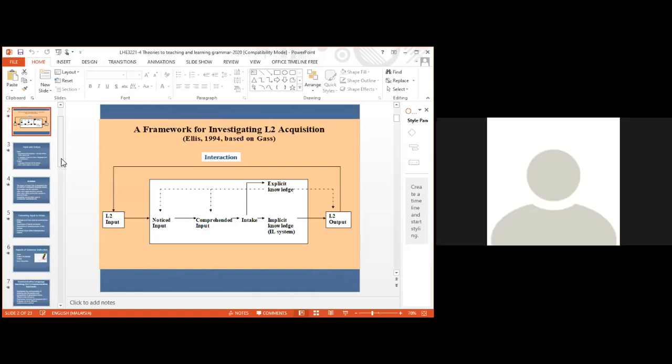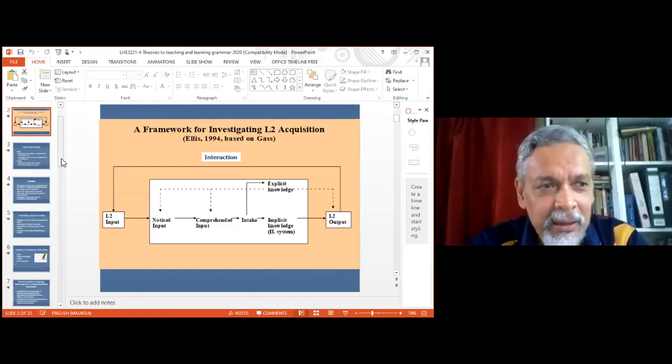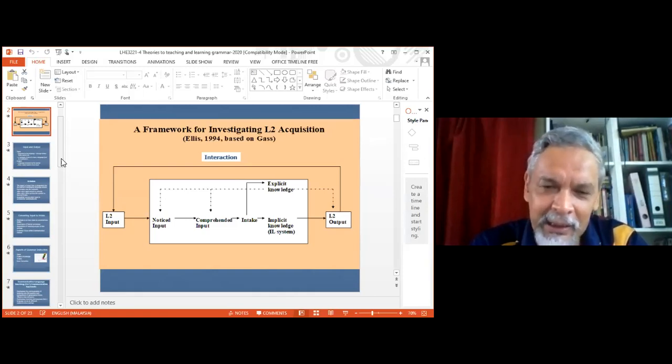In interlanguage, the idea is that when you want to learn a second language, you will develop a system of how you think that second language works. And that system will get closer and closer to the actual system of that language.